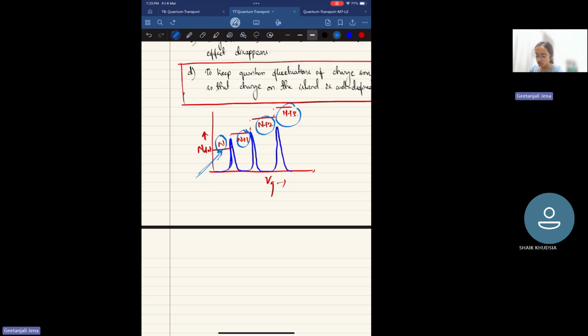So the fluctuation in the charge carrier shouldn't be there. It should be well defined. So that only in that case we will say that we are adding charge one by one.